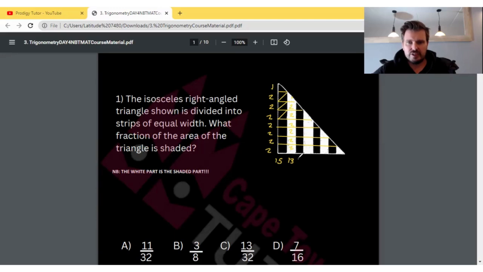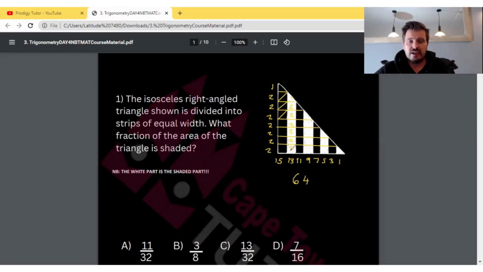So we're going to see a pattern here of 13, 11, 9, 7, 5, 3, and 1. So we add those up, because that's how many triangles we've got. 15, 13 is 28, plus 11, 39, plus 9, 48, plus 7, 55, plus 5 is 60, plus these last 2 is 4, so that'll be 64.